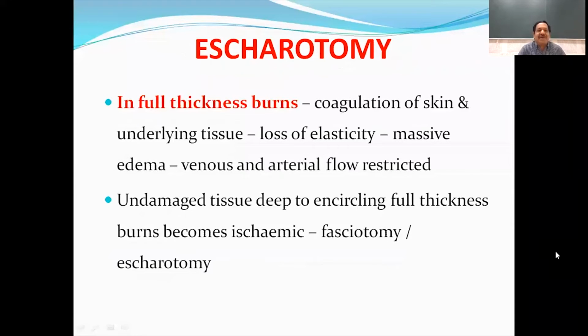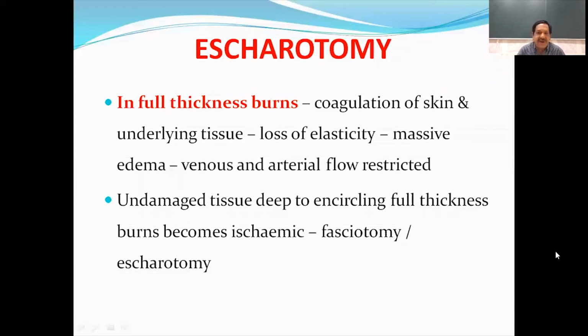In full thickness burns, when there is coagulation of the skin and underlying tissues, there is loss of elasticity. Basically, the dermis is completely lost, so skin elasticity is lost. So massive edema occurs, as we have already seen, from the intra to extra compartmental fluid shift.